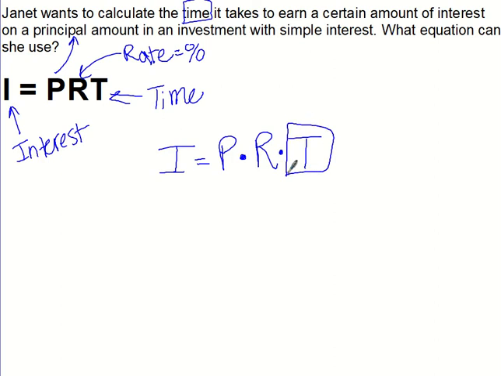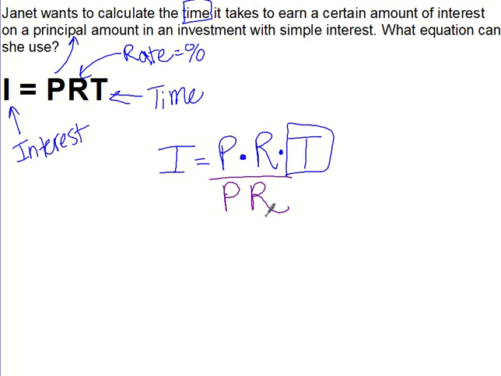That means I need to get that R and that P away from that T. And so the inverse, since they're being multiplied by T, would be to divide by them. P times R divided by P times R is still just 1. Just pretend they're numbers. 25 divided by 25 is still 1.